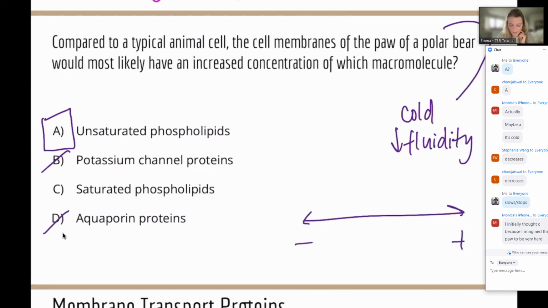If it's cold and we're down here, we don't want to become more extreme. We're trying to move closer to normal. So what can we add to move it closer would be unsaturated phospholipids, adding a little more space in that membrane.